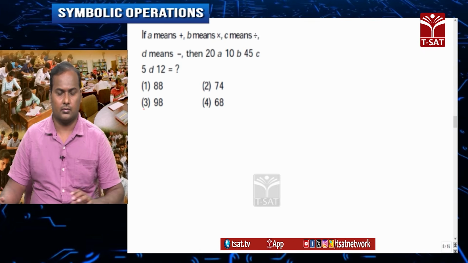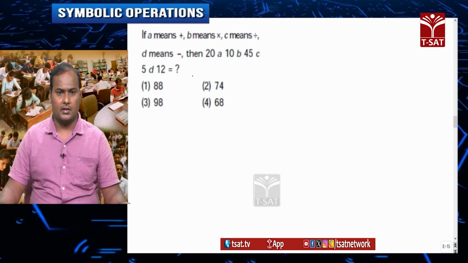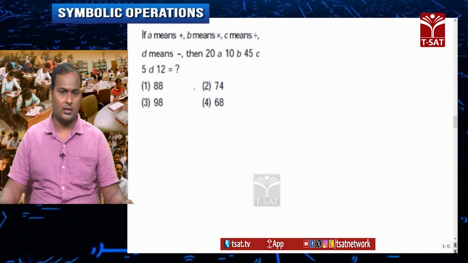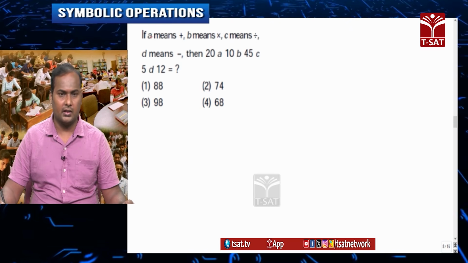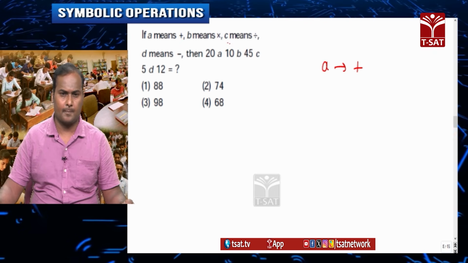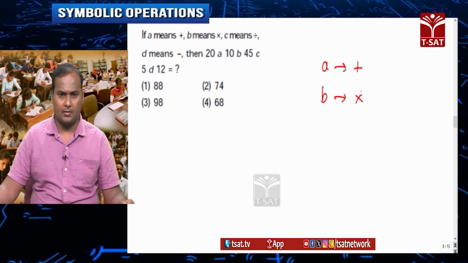Let's try to check the next question. See, in this question also he is changing the symbols. So the moment he is changing the symbols, look at the symbols and apply that change. He is saying that A means plus here. B means multiplication.